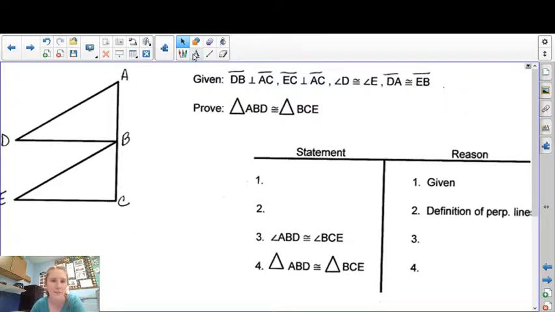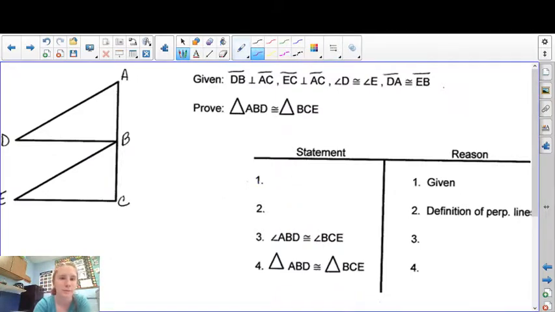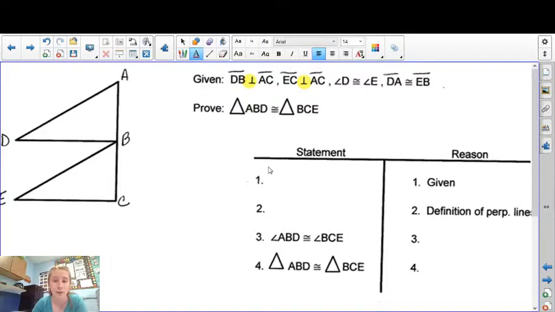All right, we've got lots of given information, so we're going to have to get that all typed into my given line. So remember, this crazy upside down T symbol means to bisect. I'm sorry, means perpendicular. Oh, nothing means bisect. I'm just having a silly moment. So that means perpendicular.